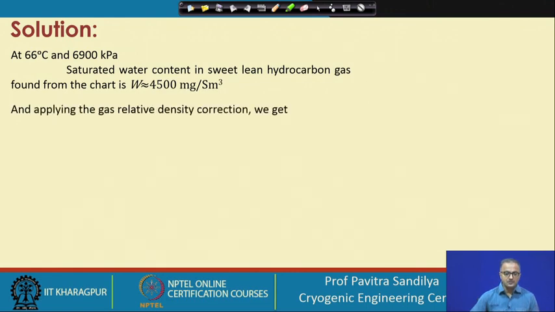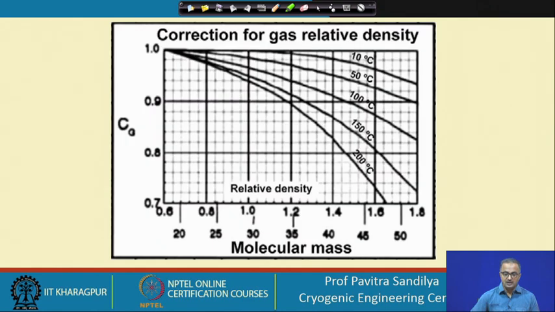Next we go for the correction for the relative density. Here we have the graph. So, how do we correct it? First we locate the relative density from this problem, and the temperature is 66, somewhere between the 10 degree and the 50 degree curves.